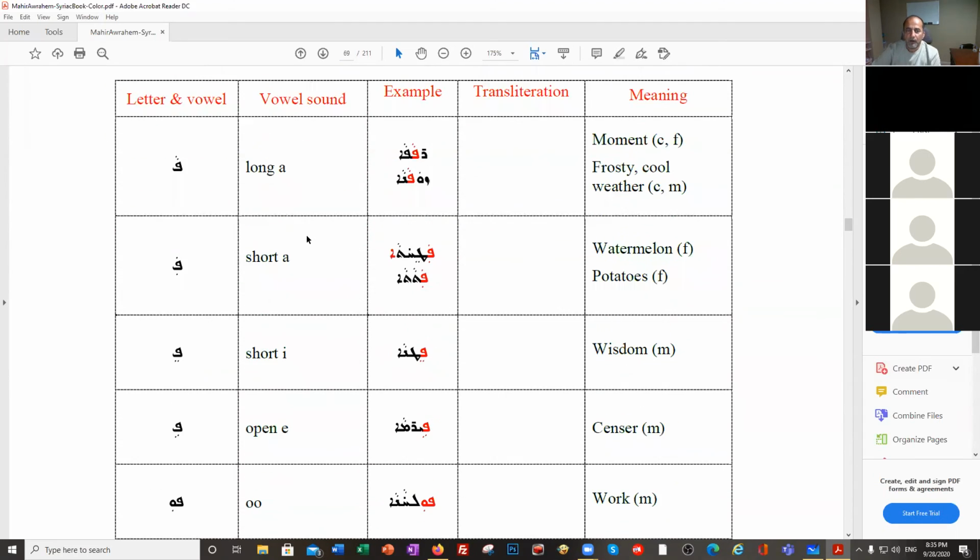Very good. With the vowel pa or papa, I have the first word. The second one, zopana.